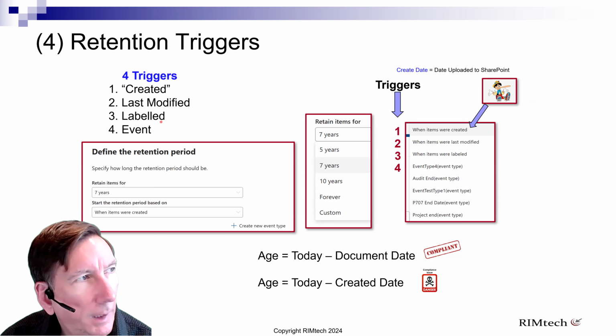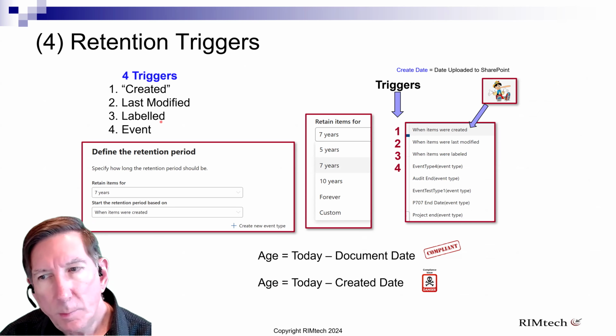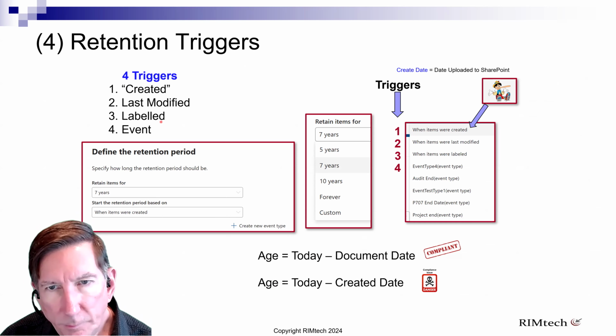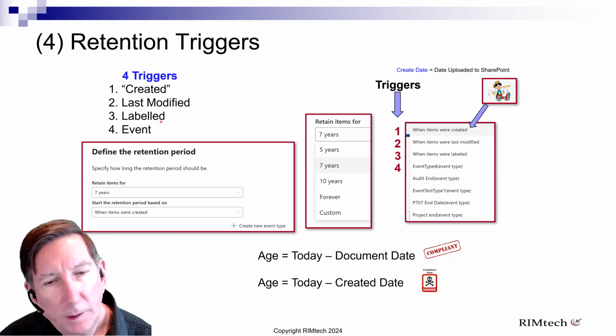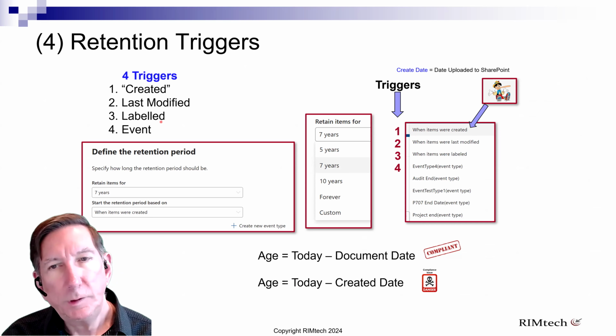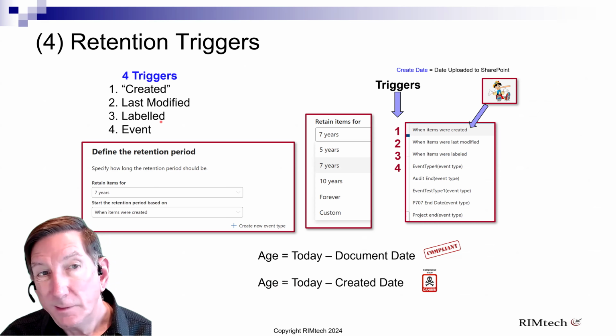Why do we care? It's because 40% of all modern records are going to have an age-based calculation carried out on them for retention. How does it do it? It takes today's date, subtracts the document's date, which yields the age. Then it compares the age against the retention period.